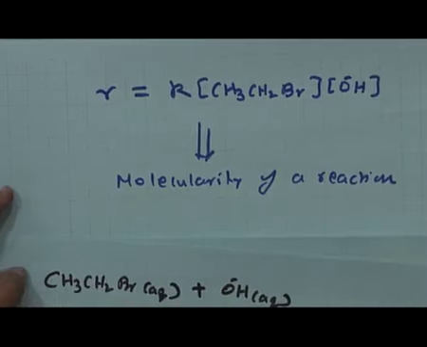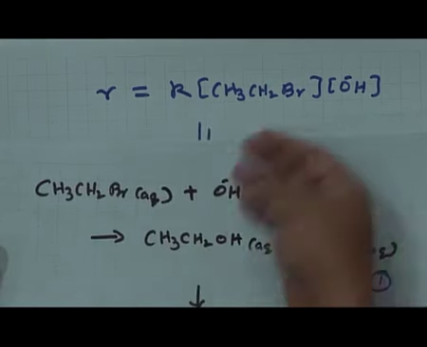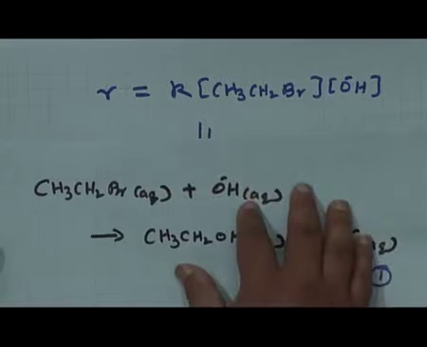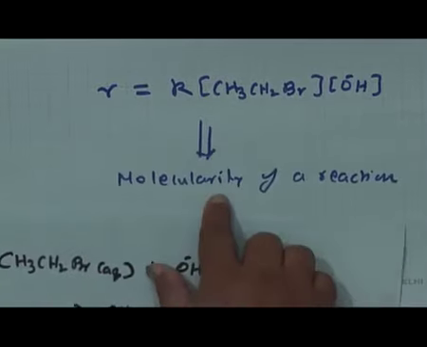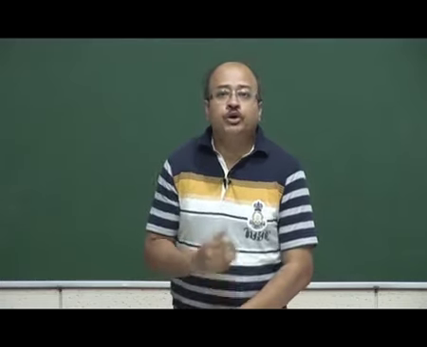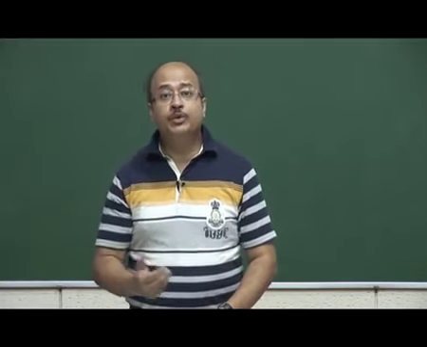Then you go back and take a look at the stoichiometry, you see that from the stoichiometry I can directly write this rate expression for a single step or elementary reaction. That is where the molecularity comes in, and I said the molecularity will be discussed later. But the same thing you cannot do for a complex reaction, you cannot write it down because you just do not know what the steps are for you to be able to write it down.